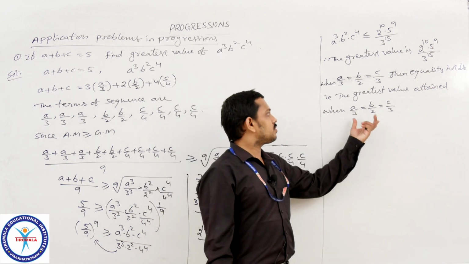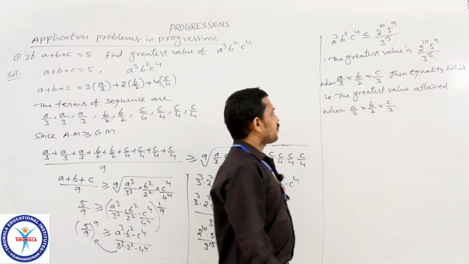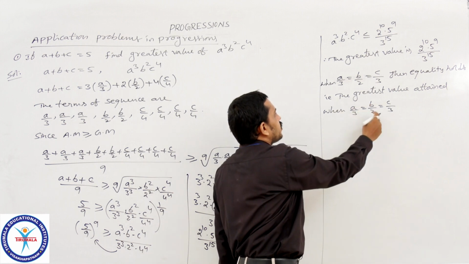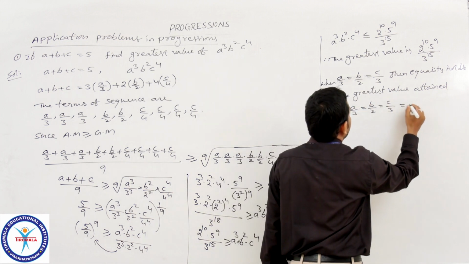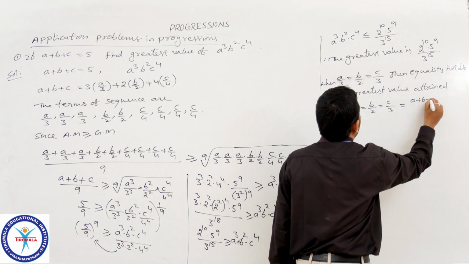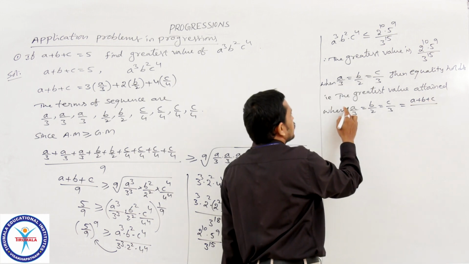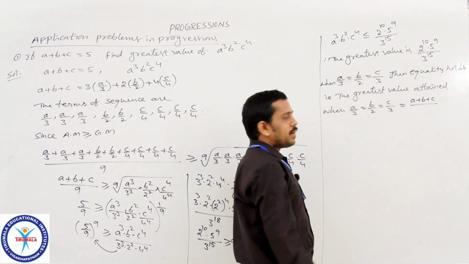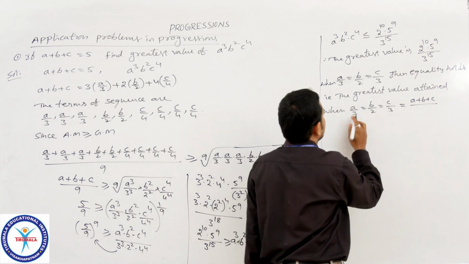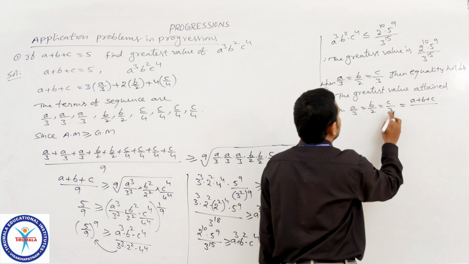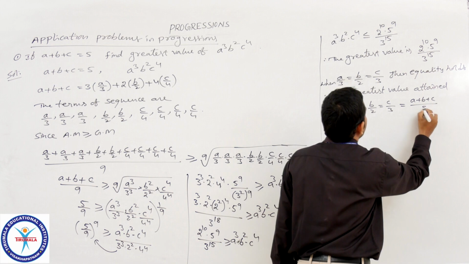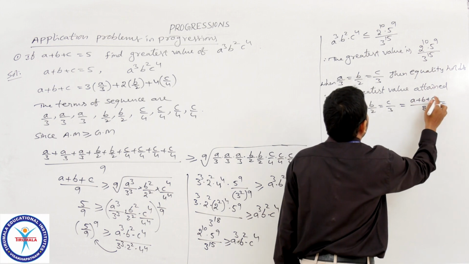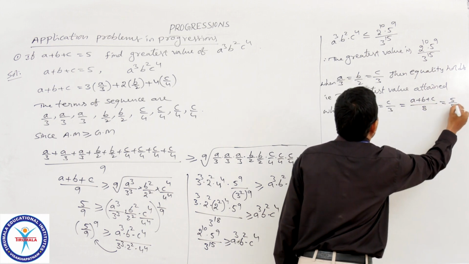But in ratios we have one property: if a/3 is equal to b/2 is equal to c/4, then this is equal to a plus b plus c by the sum of the numerators by the sum of the denominators. 3 plus 2 is 5, 5 plus 4 is 9. But what is a plus b plus c? 5. This is equal to 5 by 9.